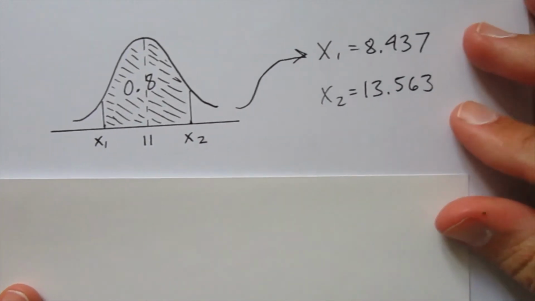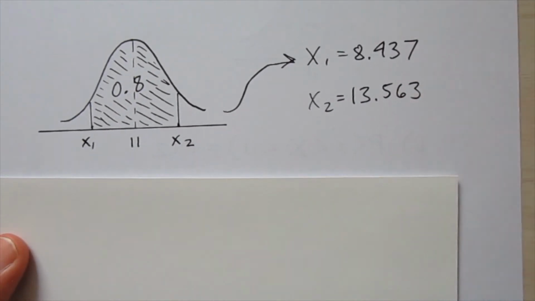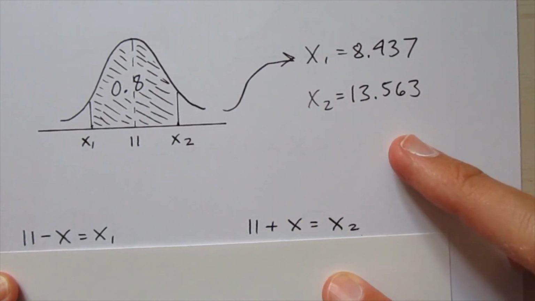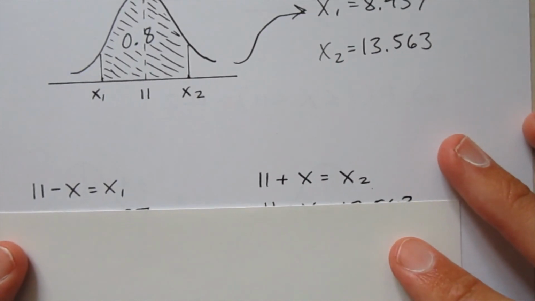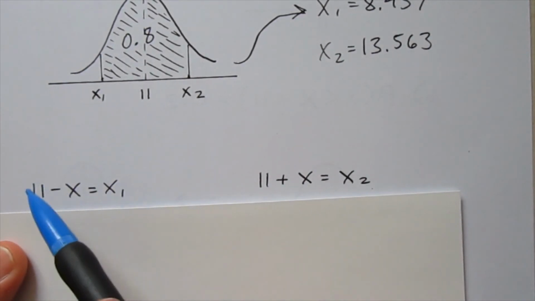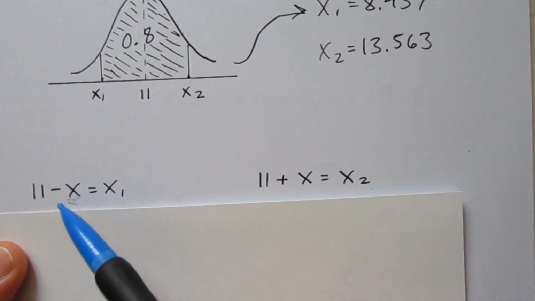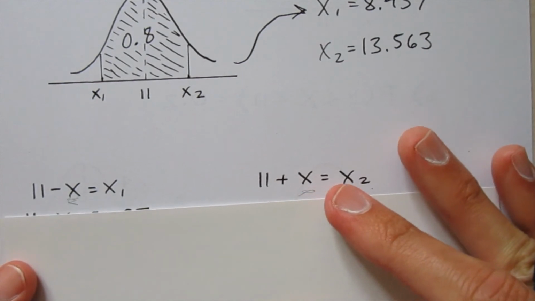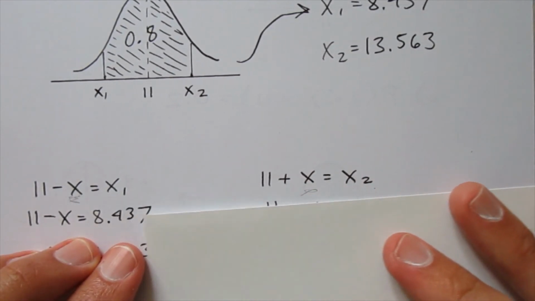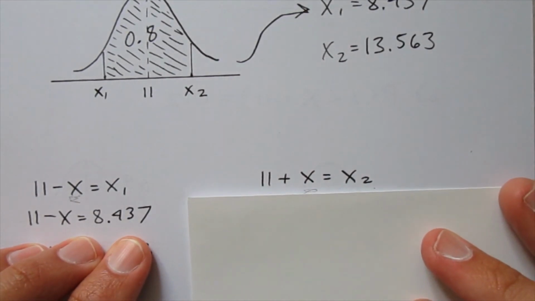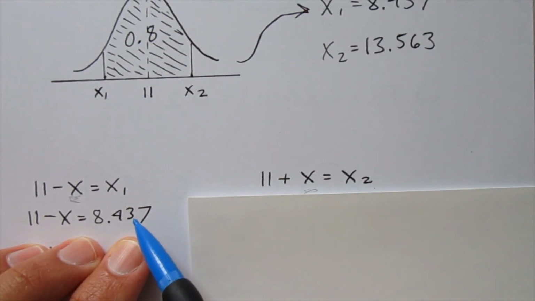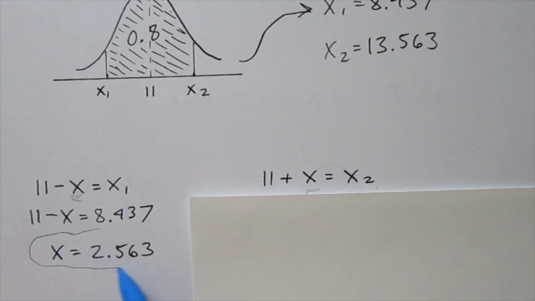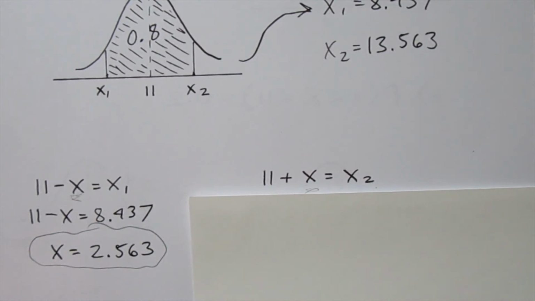Once I know what my x sub 1 and x sub 2 are, remember what they stand for? x sub 1 was actually 11 minus the original little x that I wanted. x sub 2 was 11 plus the little x that I wanted. 11 minus x is, I just determined that x sub 1 is 8.437. Solve this for little x, and you get this. So that's my answer, 2.563.